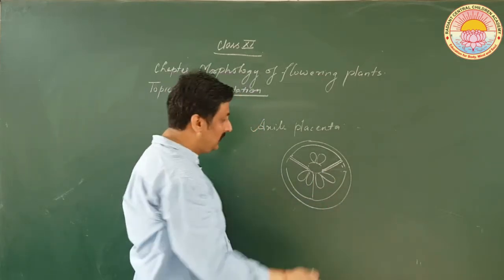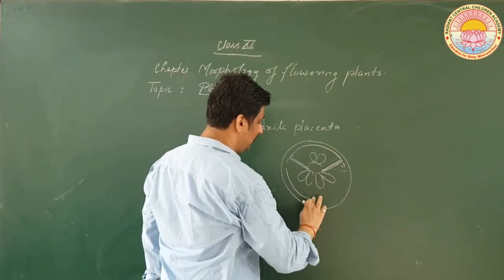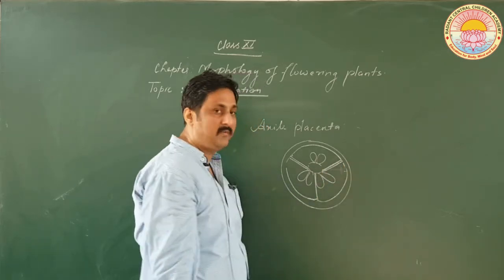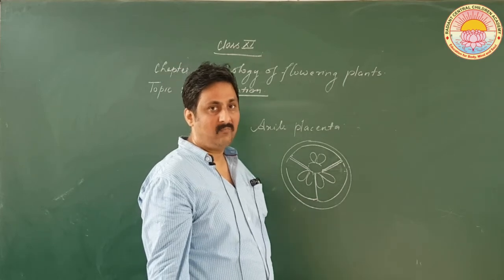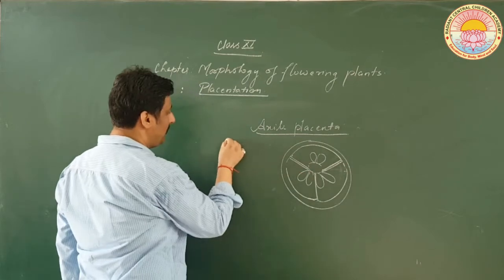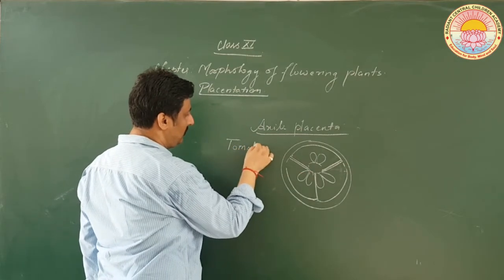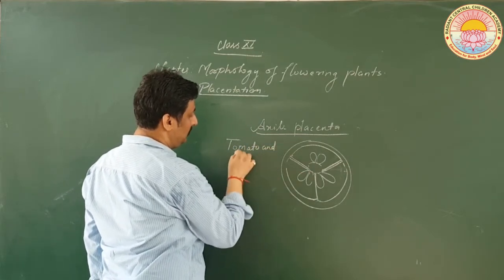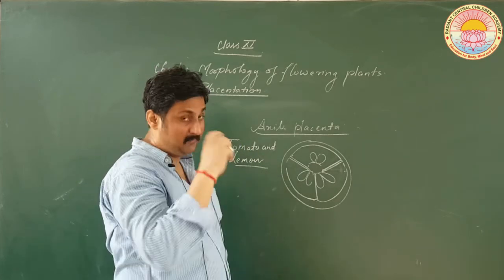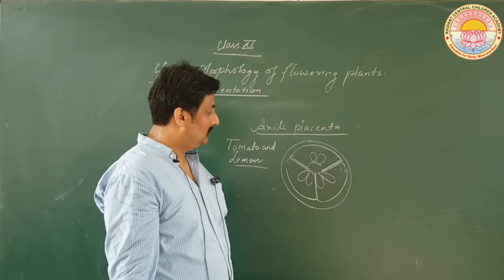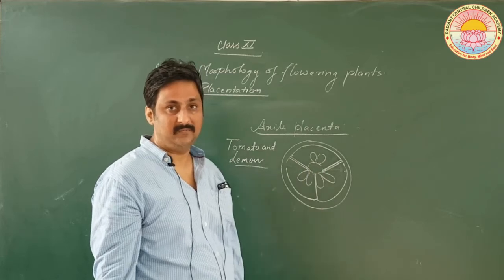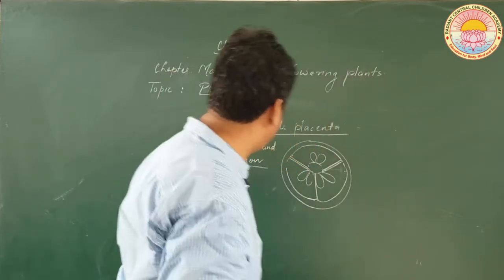This is multilocular, and ovules are distributed in the central part. This kind of placentation is called axile placentation, present in tomato and lemon, even China rose also. Multilocular means you can see a number of chambers inside the ovary.